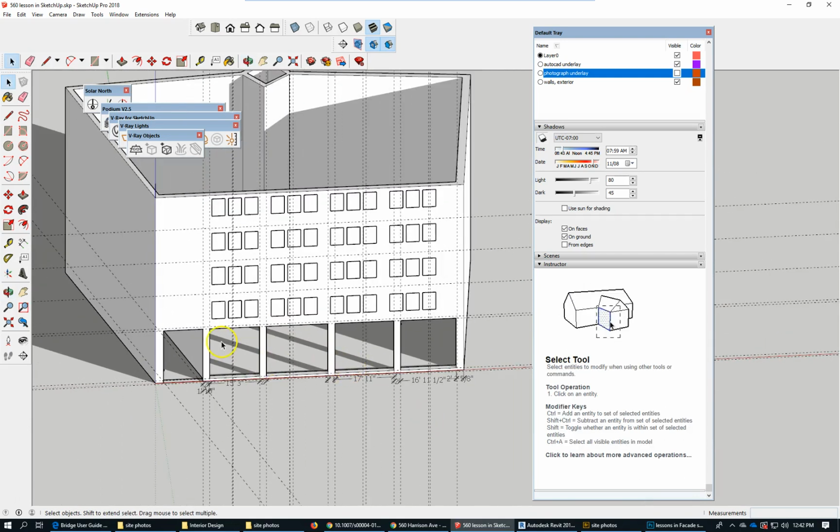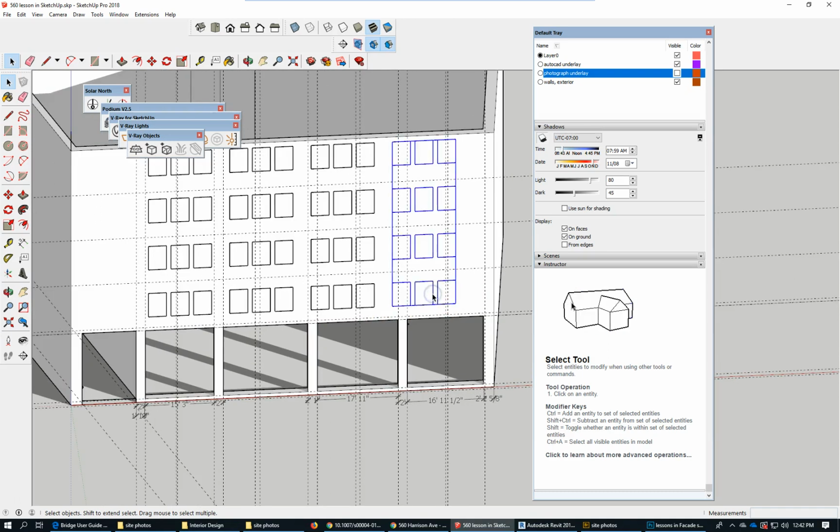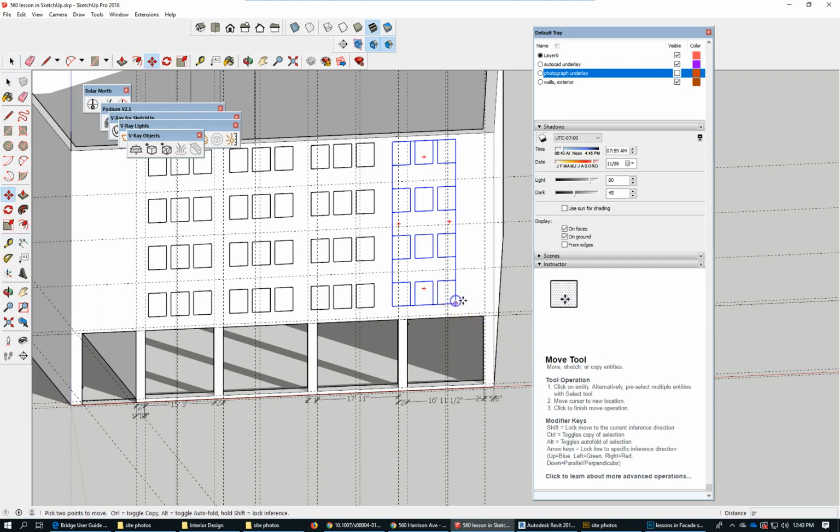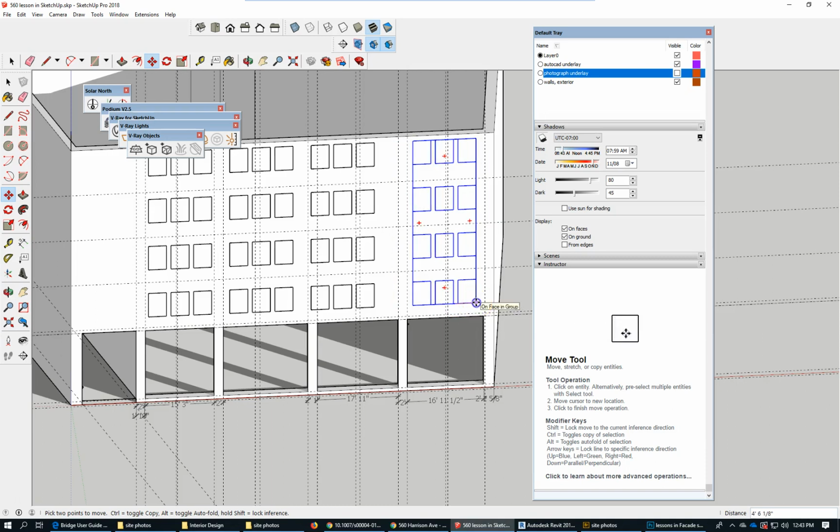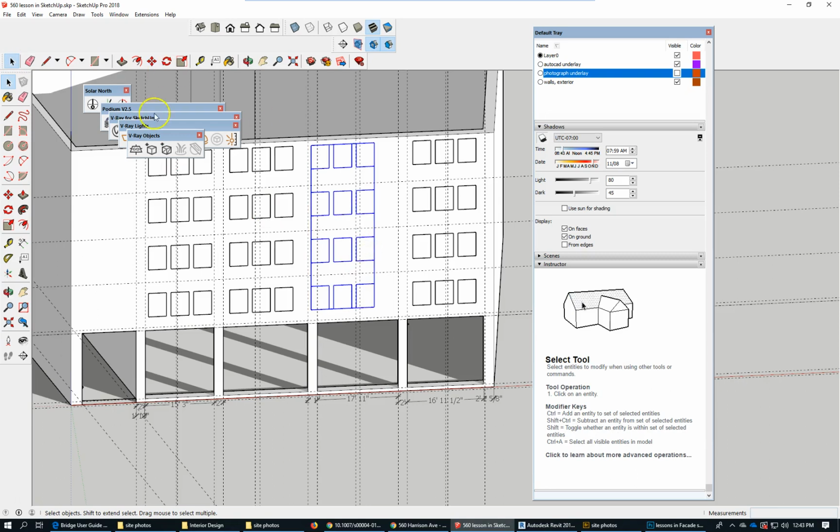So if we believe that that system will work for us, it's a matter of spacing these guys, and centering them, if you will, in those bays.